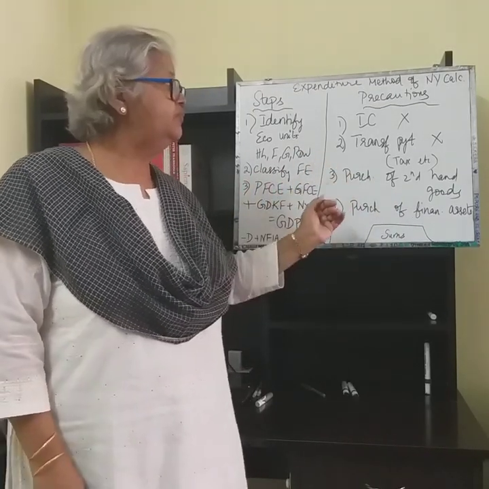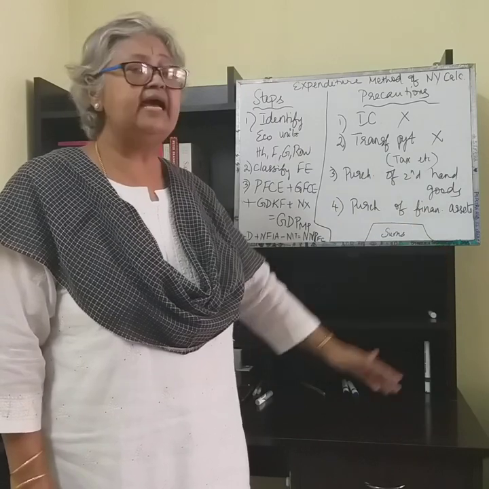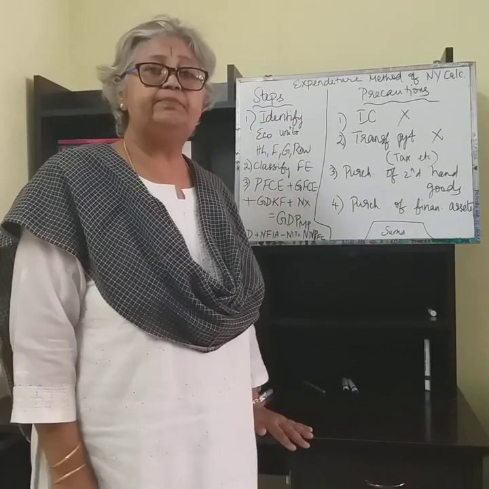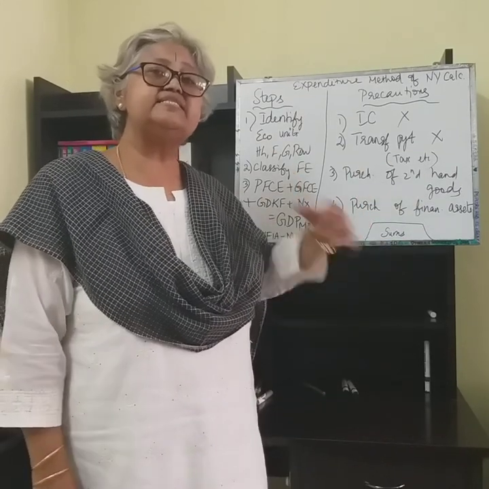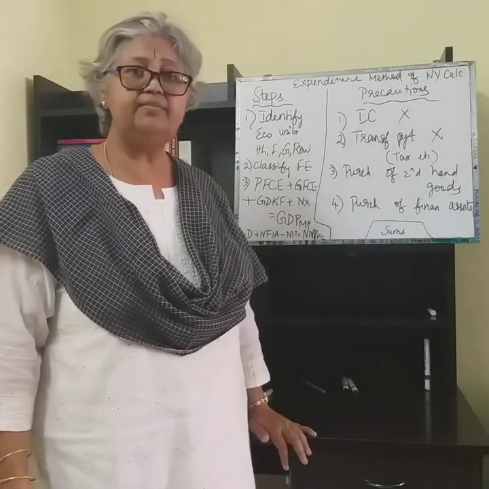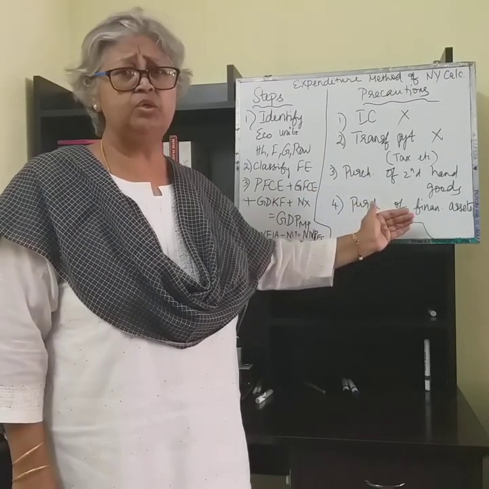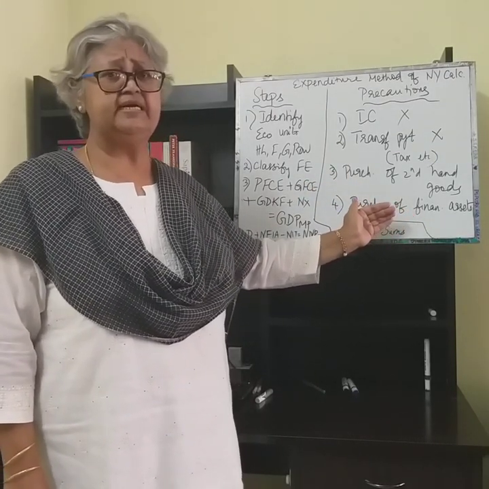The third one is purchase of second-hand goods. You've already seen that sale of second-hand goods and receipts thereupon is not included under the income method. Here, a similar concept, purchase of second-hand goods is not to be considered.